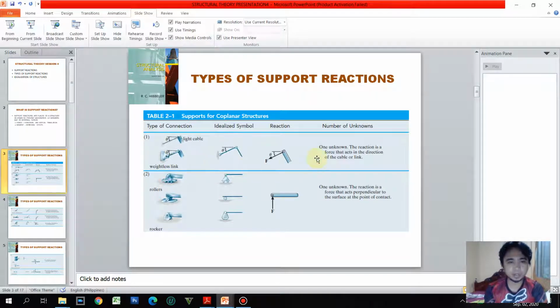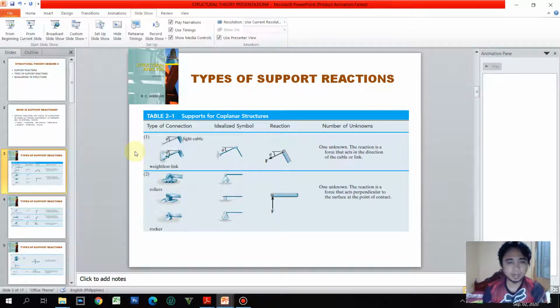So we have here a table from the book of Hibbeler, which summarizes the supports for coplanar structures. For number 1, we have a light cable.